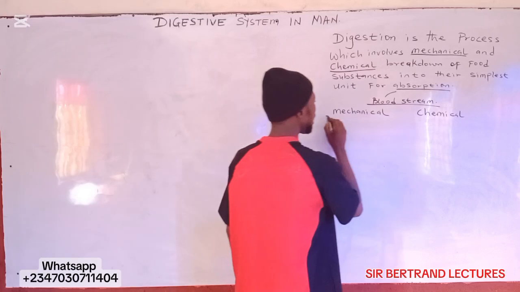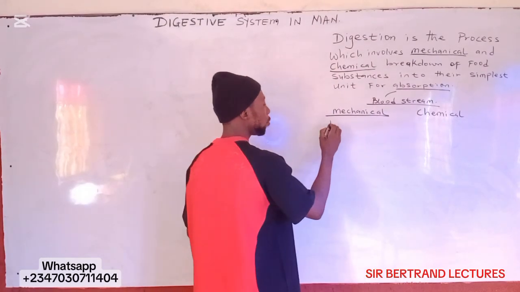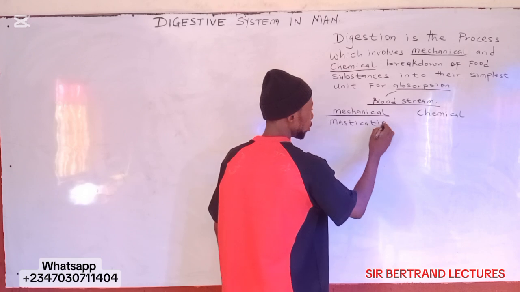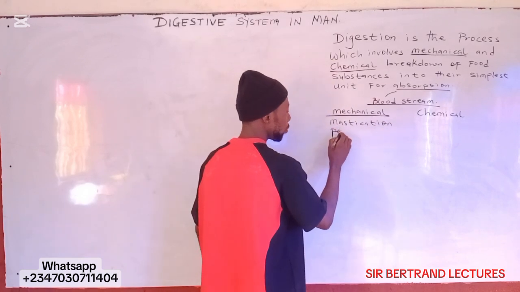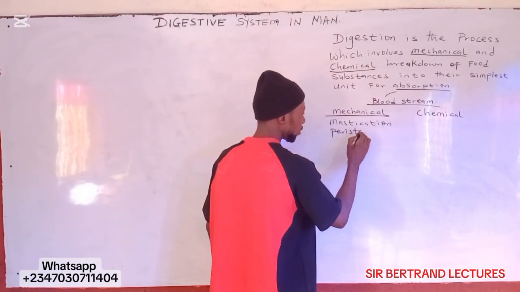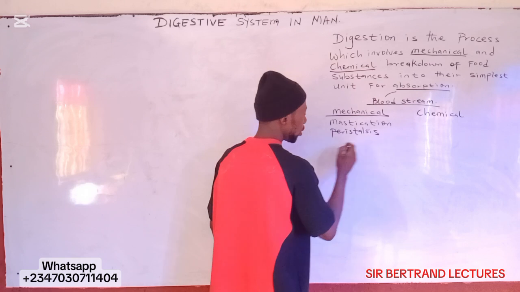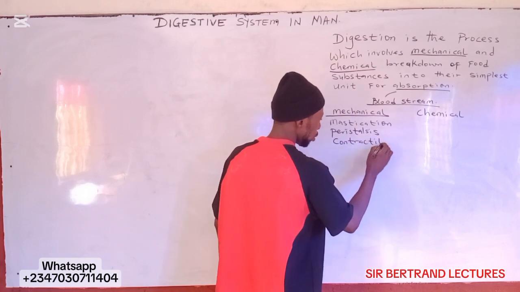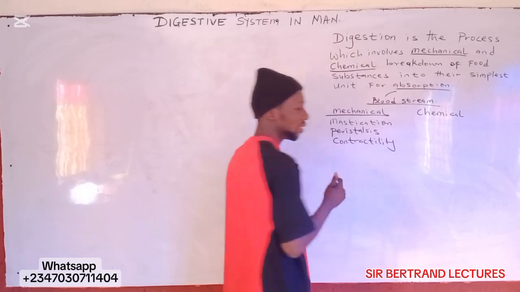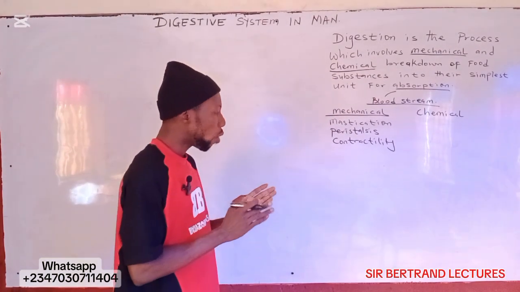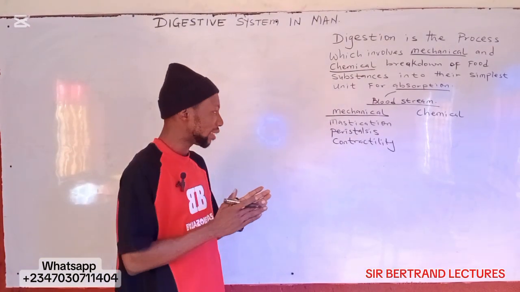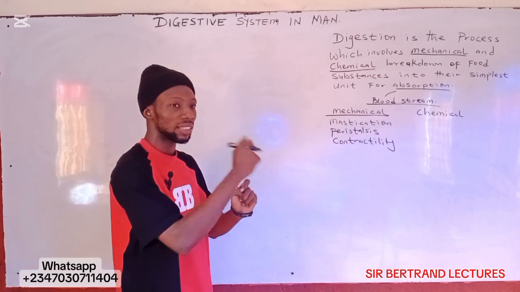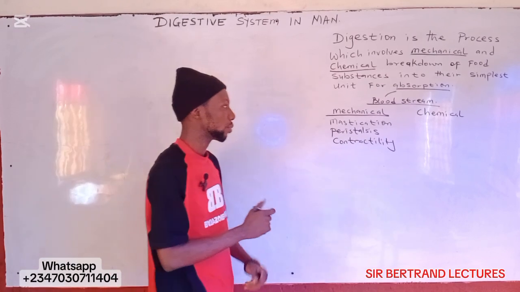The mechanical breakdown of food involves mastication, peristalsis, and contractility of the walls of the stomach or intestine, which enables them to break the food and mix it with digestive juice.